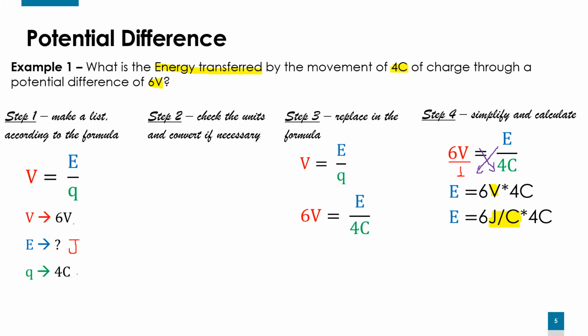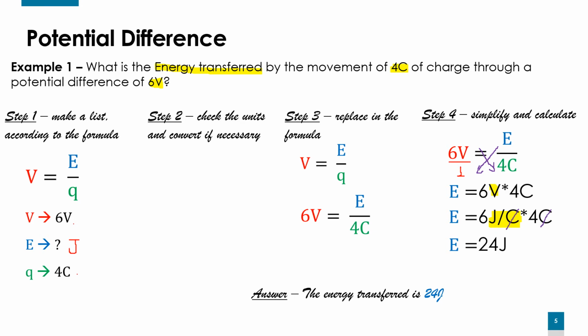It's the same. 6 times 4, 24. Why do I have just joule? Because this coulomb here is cancelled with this one. So I just have joule. So my energy is 24 joule. And now my final answer. The energy transferred is 24 joule.